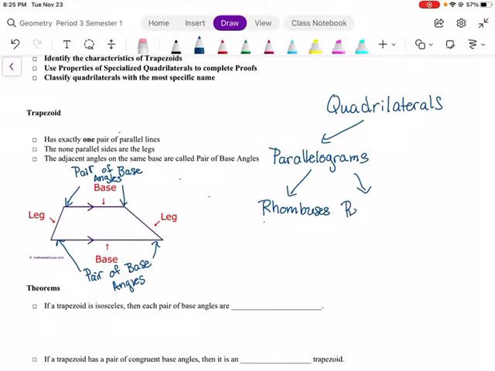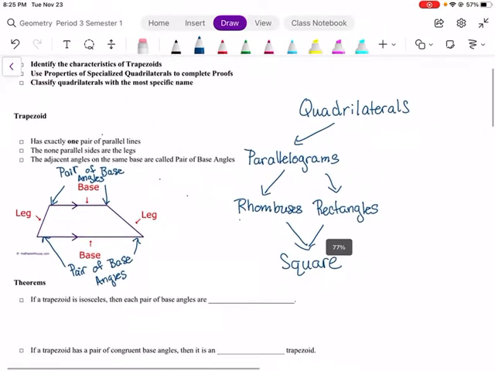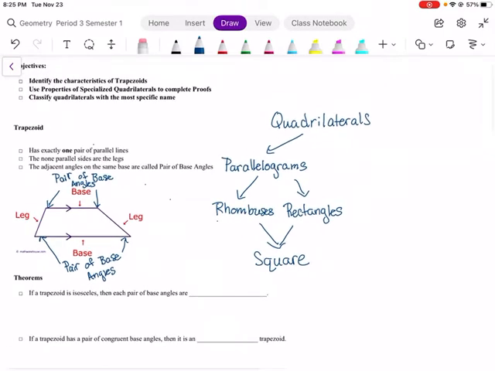And rectangles, which are both a type of square, or can be a square. So today we're adding on a new branch, which is trapezoids. And trapezoids are different than parallelograms because they only have one pair of parallel lines, where parallelograms have two pairs.